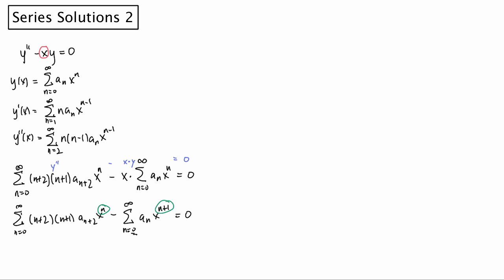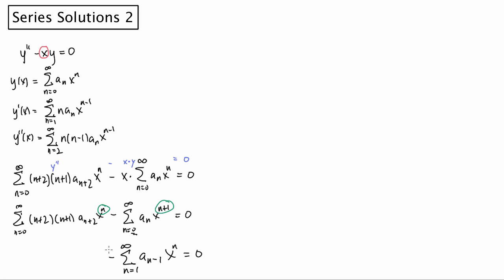And the best way to do that is by shifting this index to begin at 1. Adding 1 to the index is going to subtract 1 from everything, including getting the power down to x to the n. And then I want this power to come up to n equal to 1, but notice if I shift the index up, that's going to shift the power down to n minus 1, and then I have the same problem all over again. So what are you going to do?